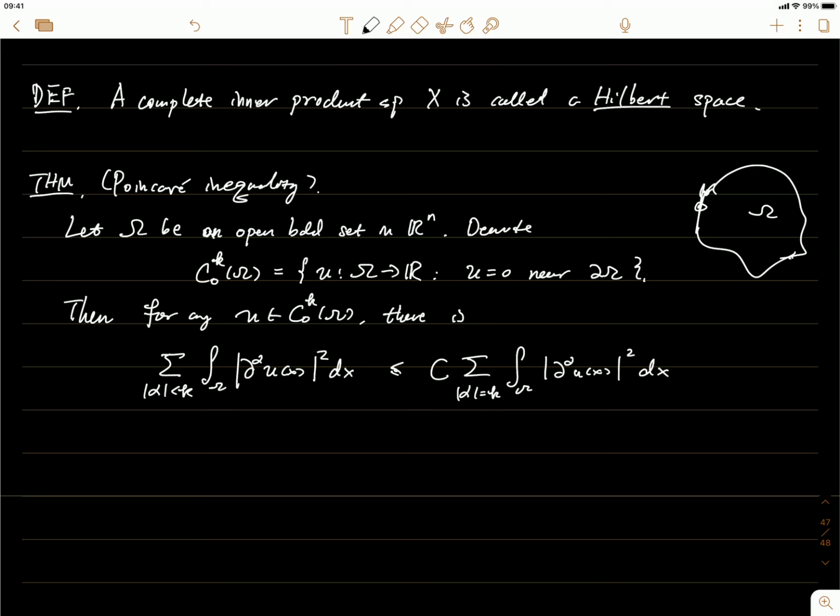The C, by the way, equals C(k, omega). That means it only depends on omega and k. It doesn't depend on u at all. It works for all u in this C_0^k space.